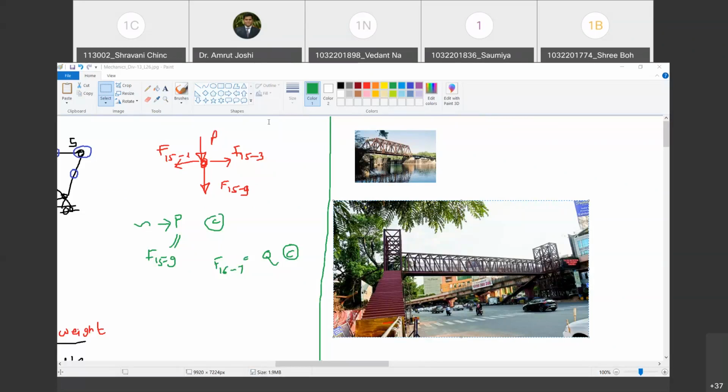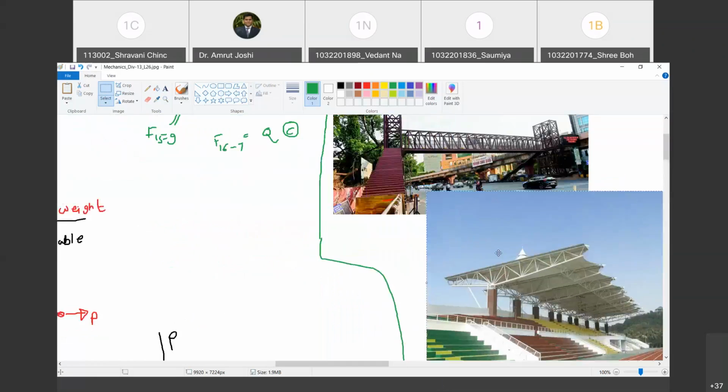Now, just look at this. Okay, have you seen this kind of trusses?